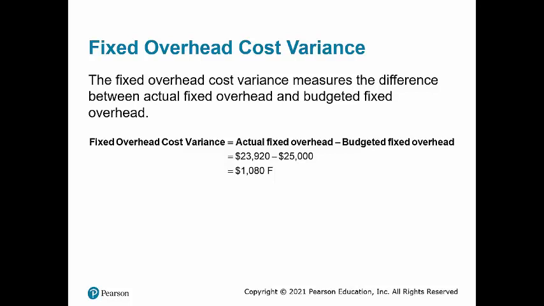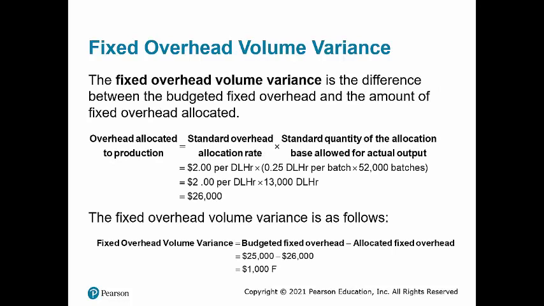The $1,080 fixed overhead cost variance is favorable because Cheerful Colors actually spent less than budgeted for fixed overhead. Changes in volume do not affect fixed costs, therefore there is only a cost effect and not an efficiency effect in the fixed overhead flexible budget variance. The fixed overhead volume variance measures the difference between the budgeted fixed overhead and the amount of fixed overhead allocated to batches of crayons.